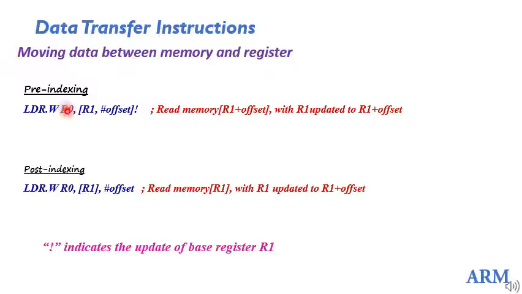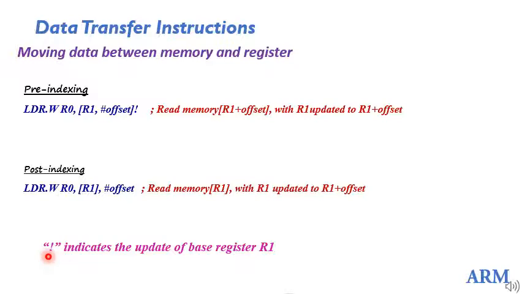Whereas in post-indexing, first the data in the memory location whose address is in the base register is loaded into the destination register, and after that the offset is added. And the presence of the exclamation mark indicates whether the base register is to be updated or not.